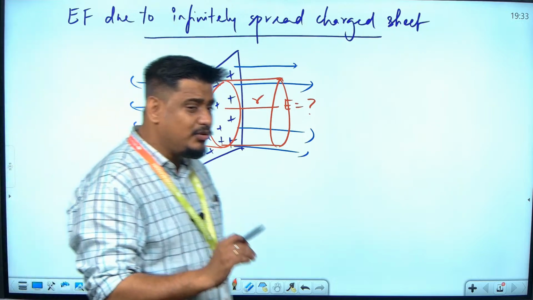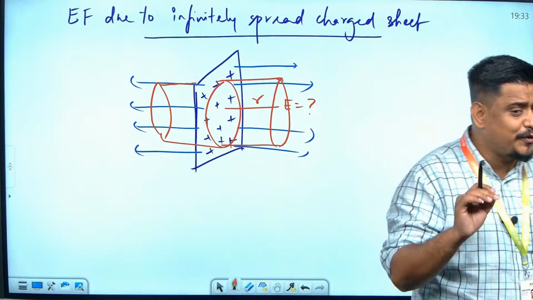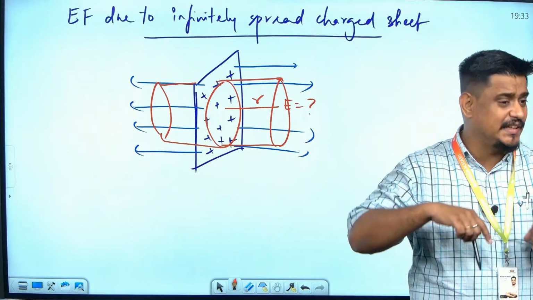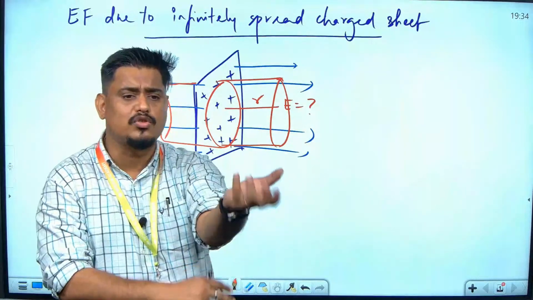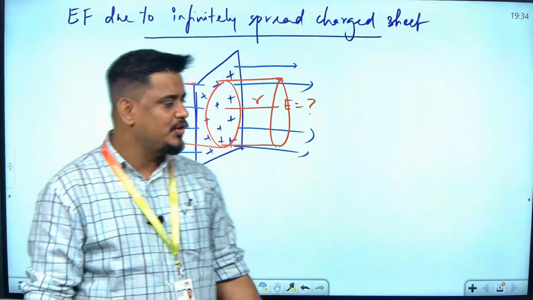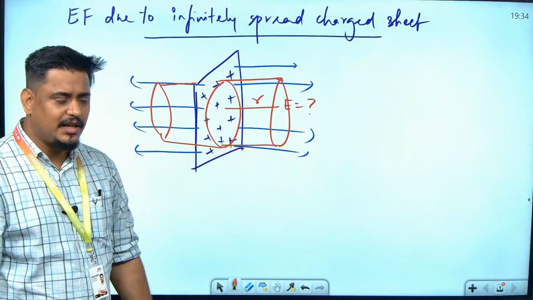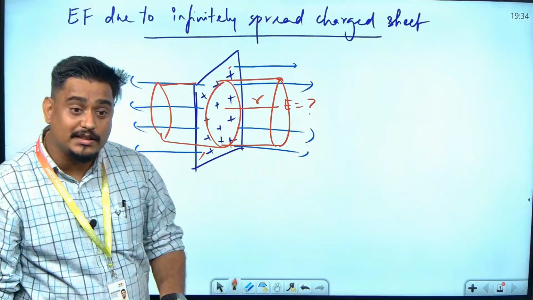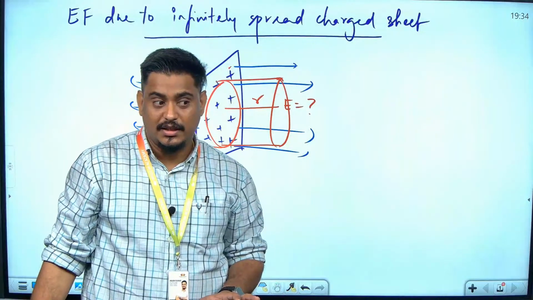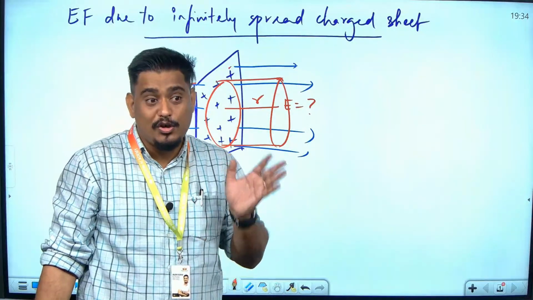Is it clear to you how the Gaussian surface is? Gaussian surface is cylindrical. Now you may say, sir, Gaussian surface should enclose all the charges. You are drawing a cylinder. This charge is left out, this charge is left out. So, how is it able to find the electric field of the whole sheet?